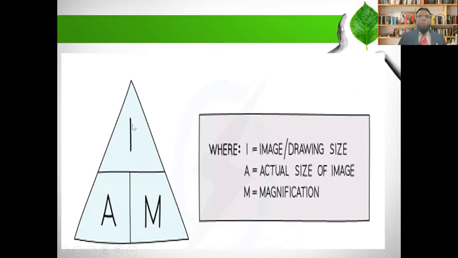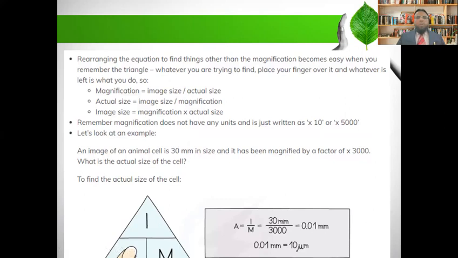If you want the image size, it is the product of actual size and magnification. Rearranging the equation to find things other than the magnification becomes easy, and when you remember the triangle, whatever you are trying to find, place your finger over it, and whatever is left is what you do. So magnification is image size divided by actual size, and actual size is the same thing that we understand from the triangle.